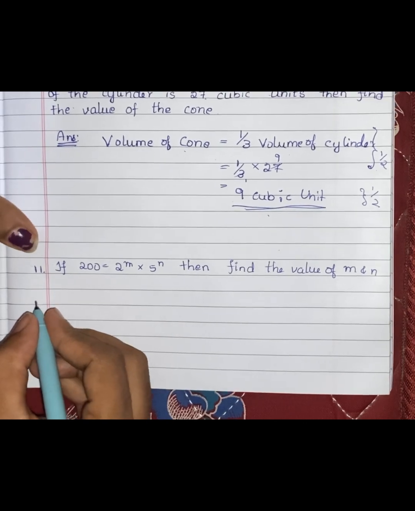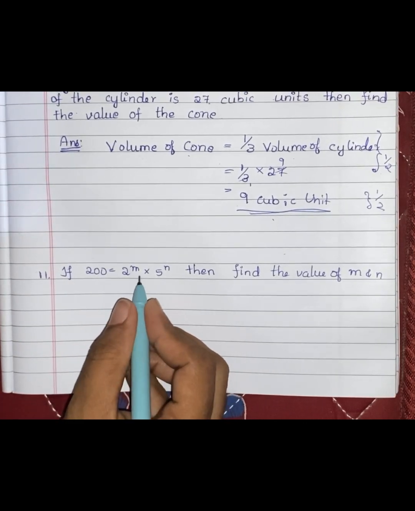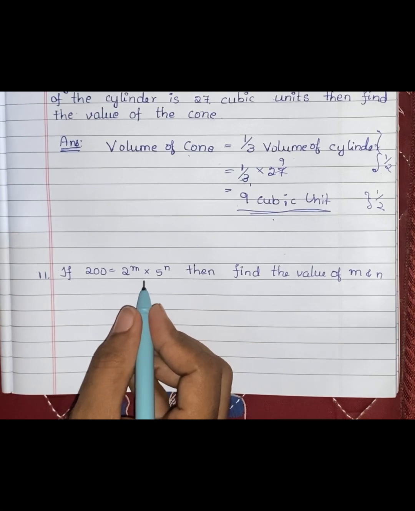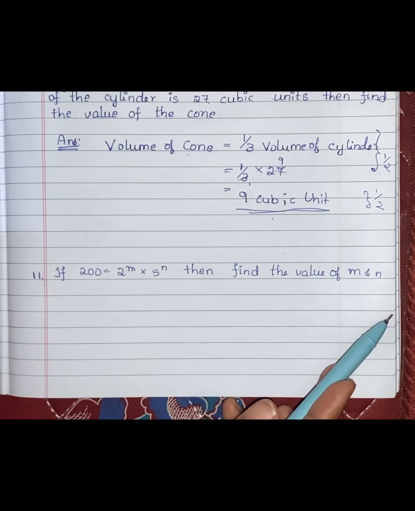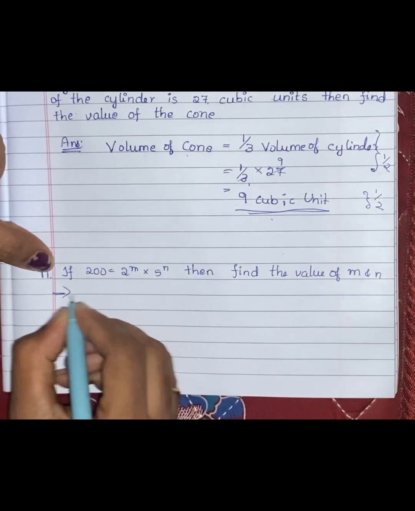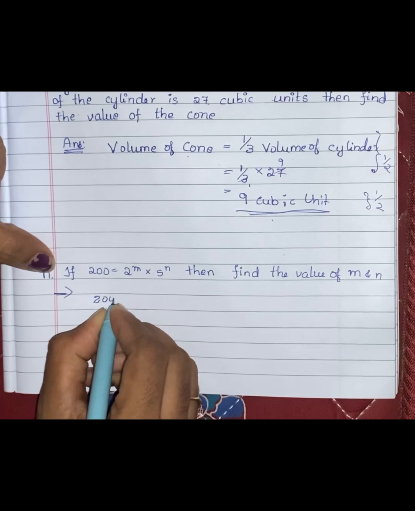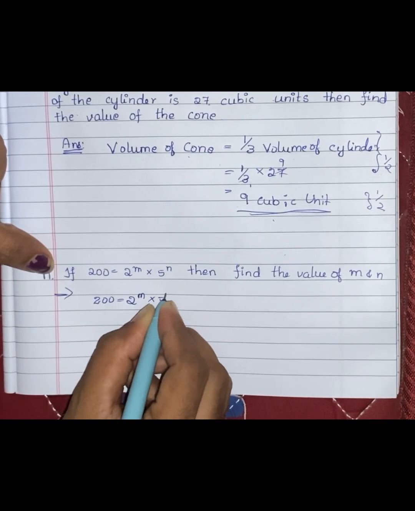that is the 11th one. If 200 is equal to 2^m into 5^n, then find the value of m and n. Okay, so to start with, just write 200 is equal to 2 to the power m into 5 to the power n.